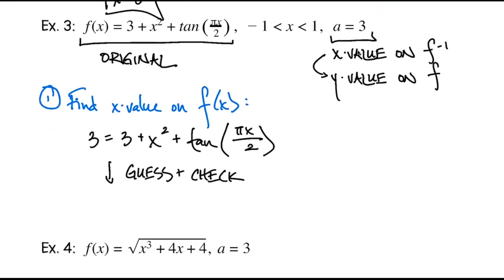I'll give you a moment to guess and check, see what values you think this might be. Again, we're thinking about trying nice values first. I'm not trying to throw you for a loop and say, I hope you guess like 1.972154 or anything crazy like that. We just want to try and guess and check some nice numbers and see if we can make the 2 sides of the equation equal.